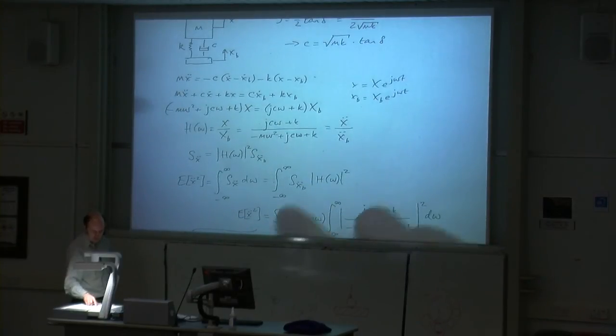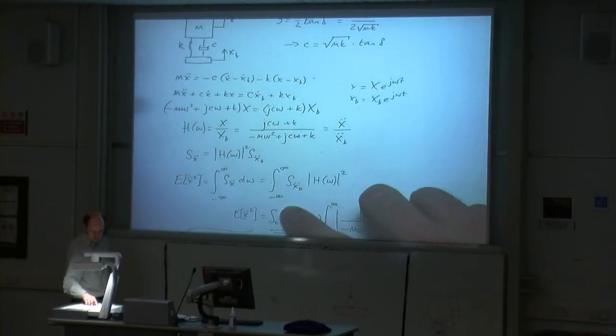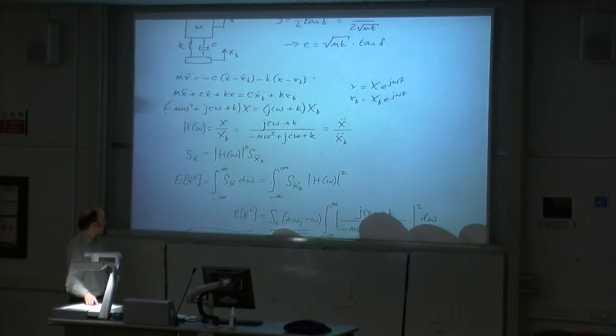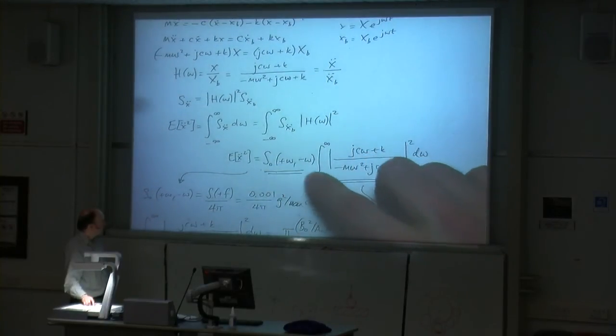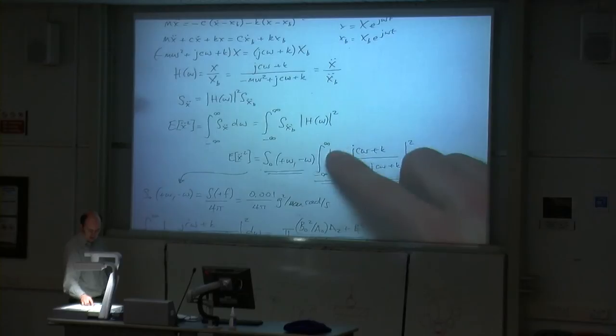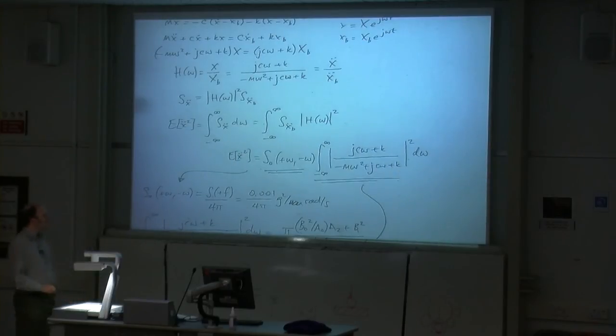This term from the top is a constant, so we can take it out of the integral because it's not going to change. S(omega), and then we've got the integral from minus infinity to plus infinity of our H(omega) term, modulus squared. Now we can work out what this is.